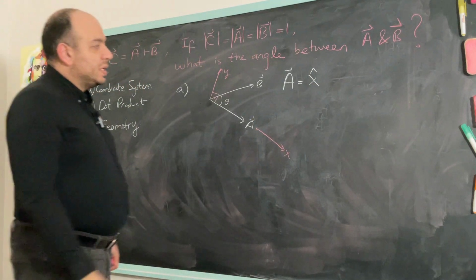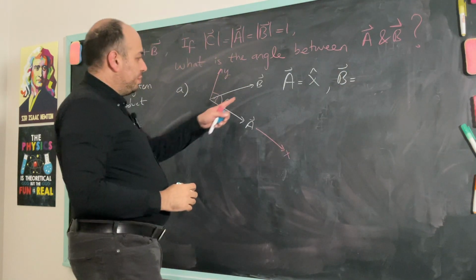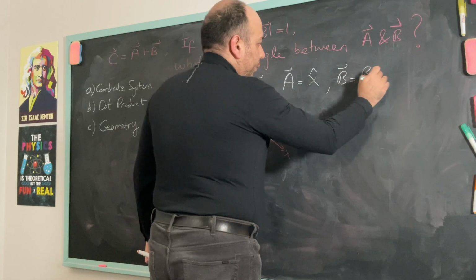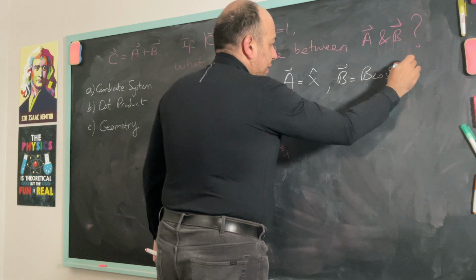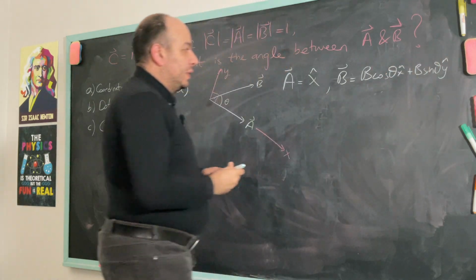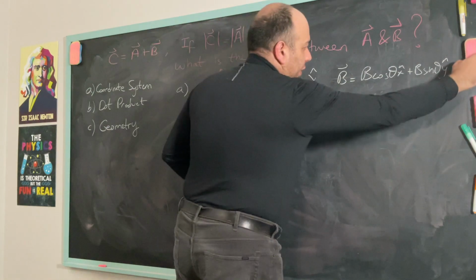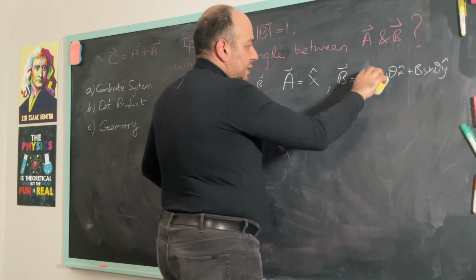Okay, how about B? B is going to be equal to B cosine theta x hat plus B sine theta y hat. However, we know the magnitude of B is simply equal to 1. So this is simply 1.